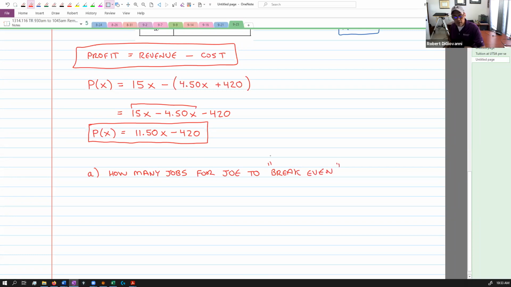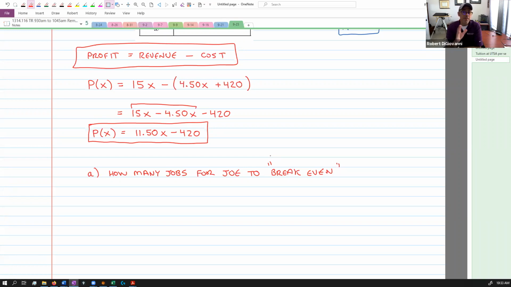So what do I mean by break even? You have to cross the point where you aren't losing money or gaining, right? So this is the break-even point.